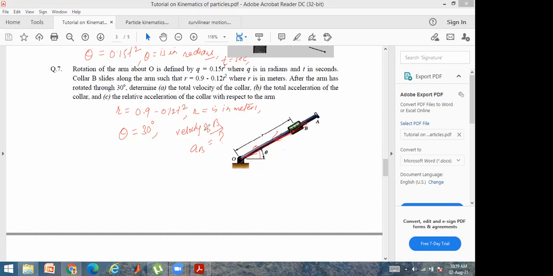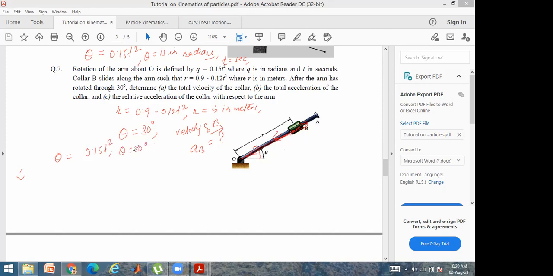To find this, the first thing we can do is find theta, since theta and r are given. Theta equals 0.15 t square, where theta equals 30 degrees.